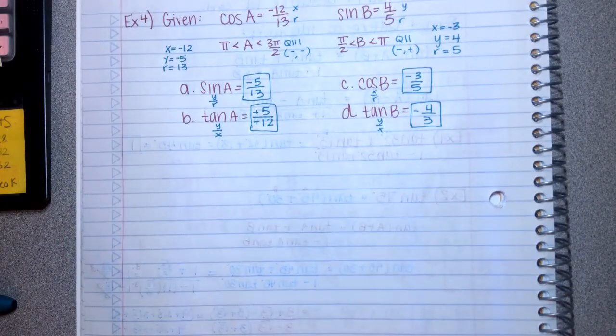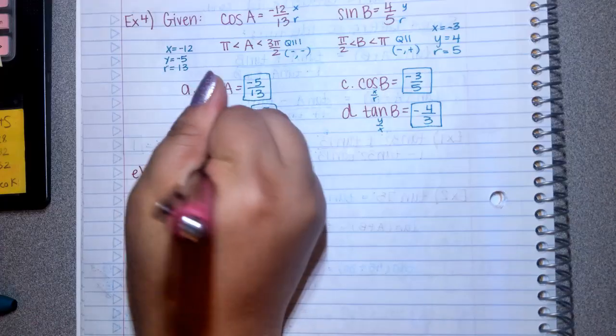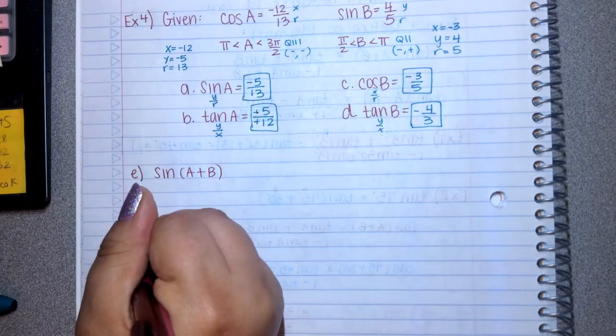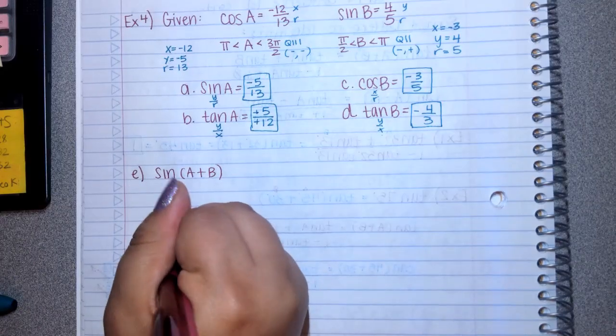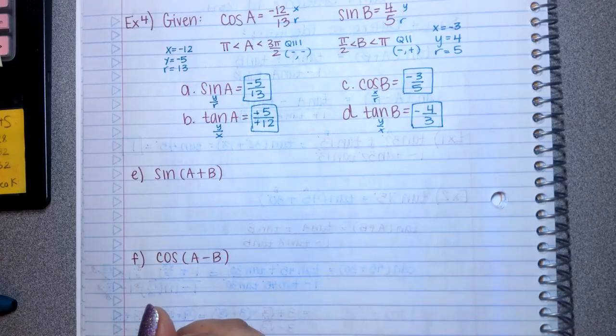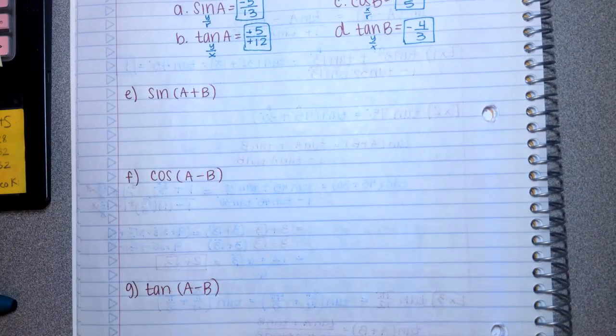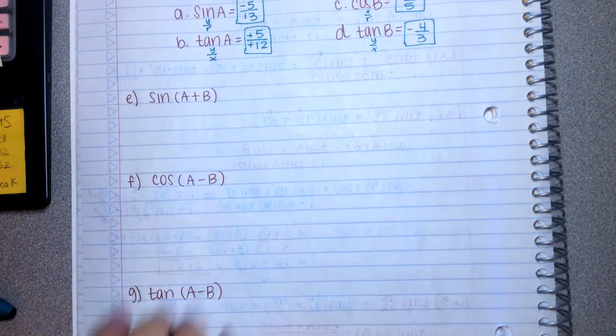Well, I am now going to ask you to find E, the sine of A plus B. To find F, the cosine of A minus B. And to find G, since we didn't do minus yet, we'll do the tangent of A minus B. And we need that information to do this. So, we'll come back. If you didn't write those down, you'll come back to them.